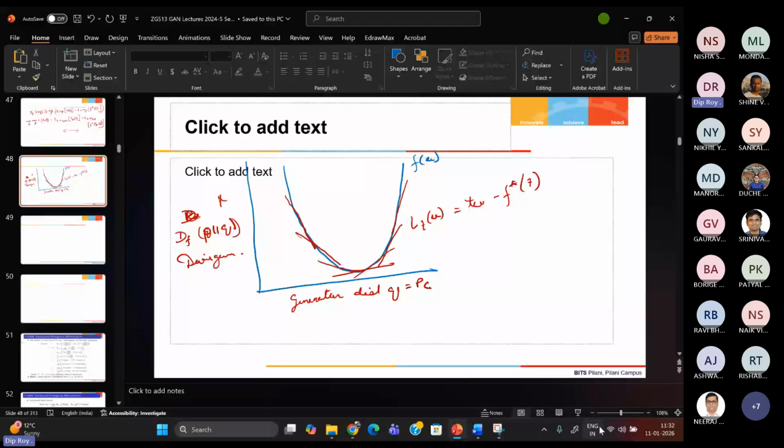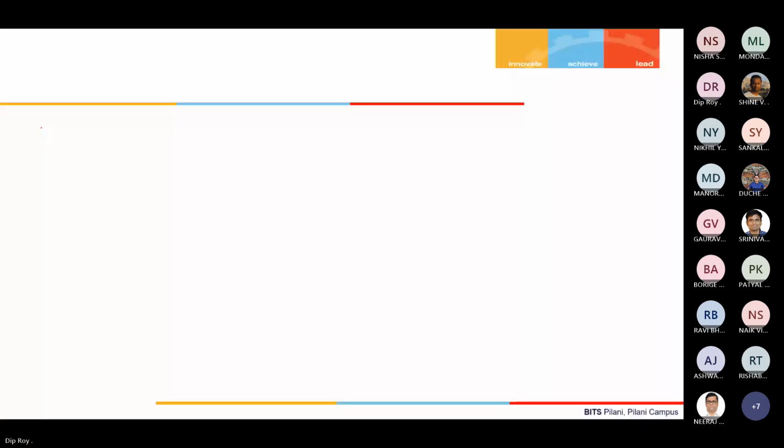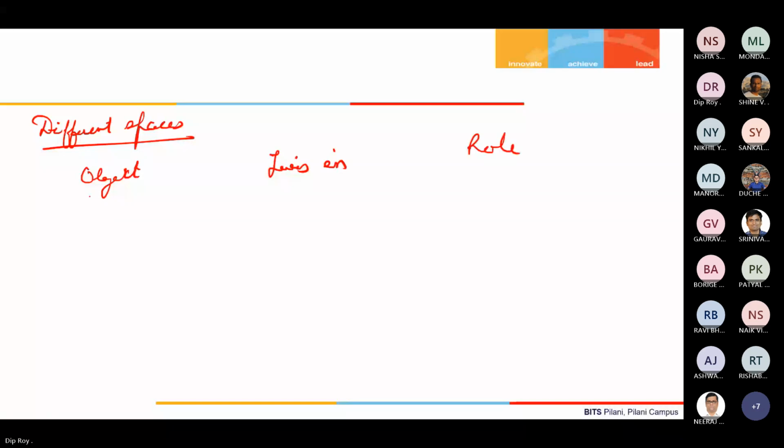Now you need to remember we have different spaces here. All right. Object, where it lives, and its role. You have your X. X lives in the data space, and these are individual samples.